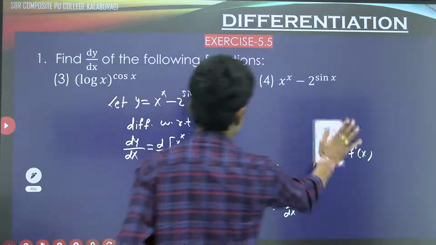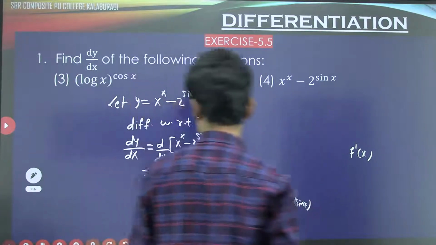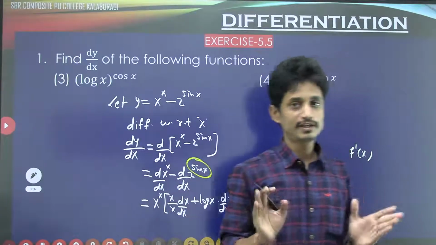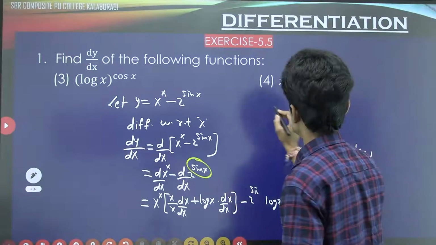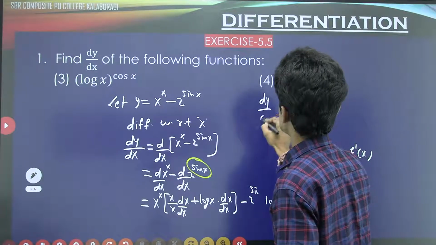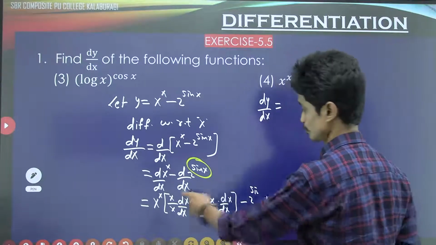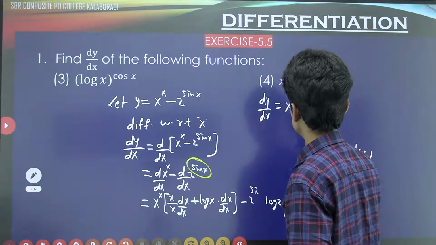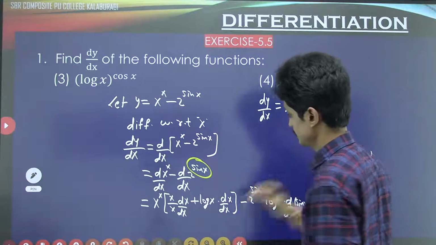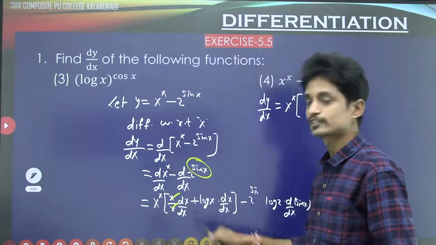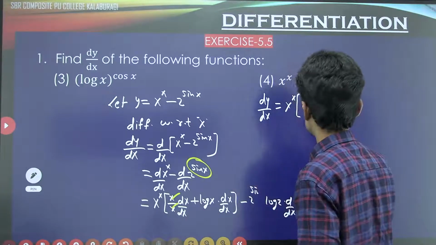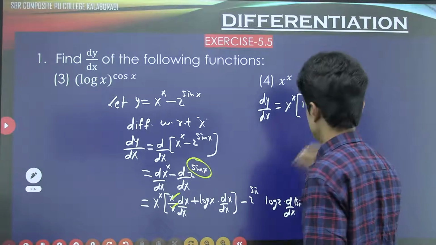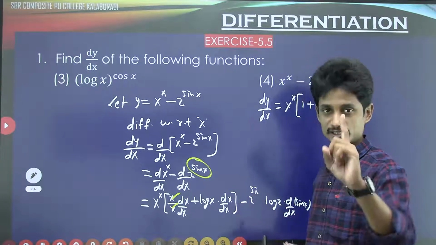The next step is just the derivative inside the bracket, one for power and one for base. Now dy divided by dx is equal to, outside the bracket x power x, inside the bracket x and x cancel, dx divided by dx also cancels, that is 1, plus log x, and the derivative of x with respect to x is 1.